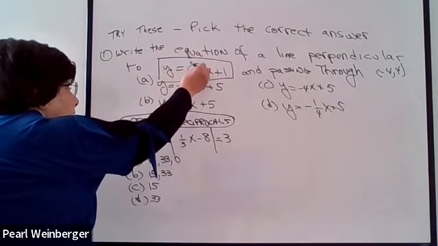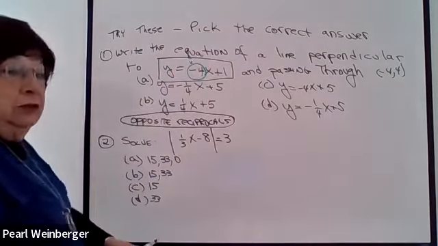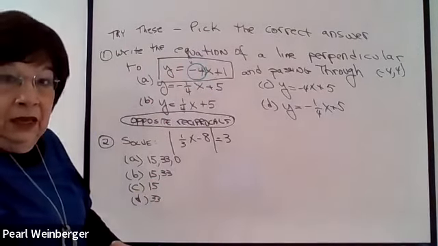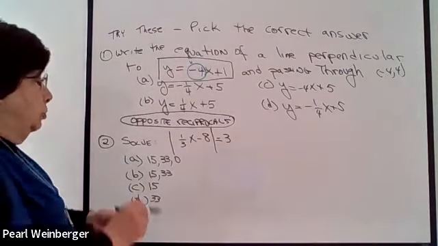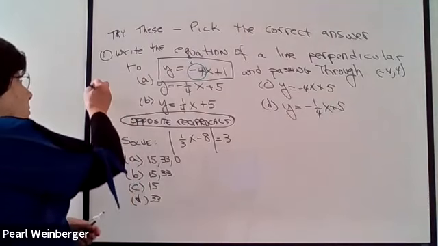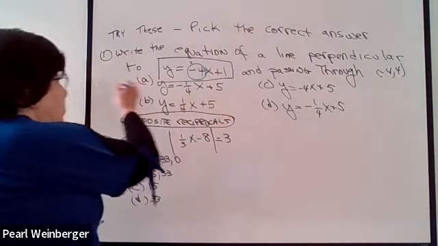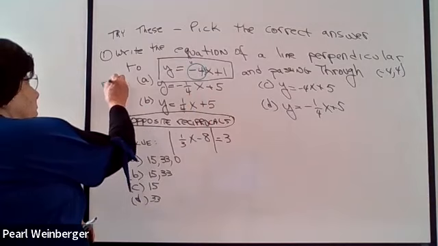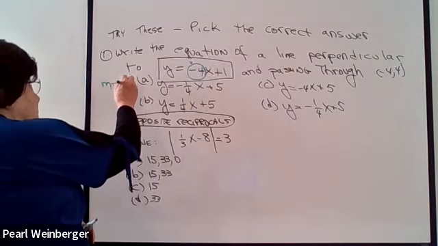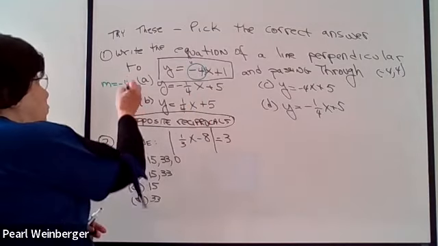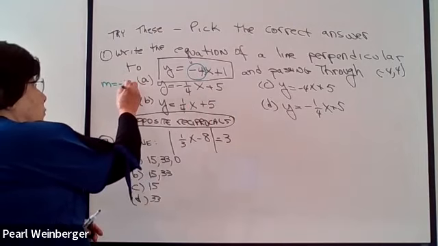So the number in front of the x, the coefficient of the x, is the slope. So my original line slope is negative 4, which really means it's negative 4 over 1.